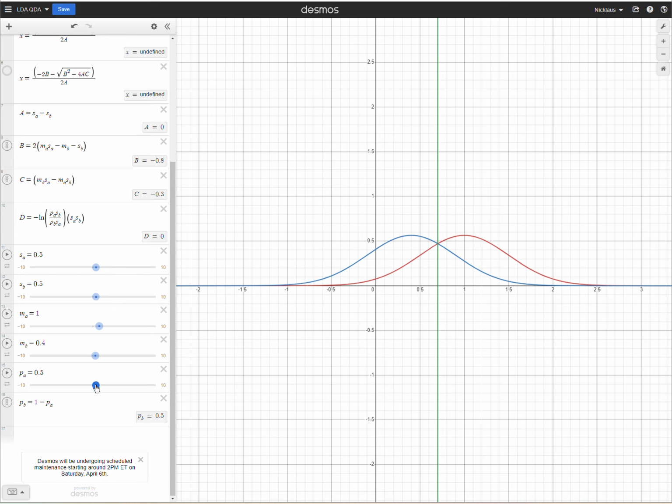Now, let's say I believe my prior probability for A is that it's more likely, that Class A happens more than Class B. So I'm going to adjust that a little bit. Maybe not that much. Okay, that much. Now our line shifts to the left.